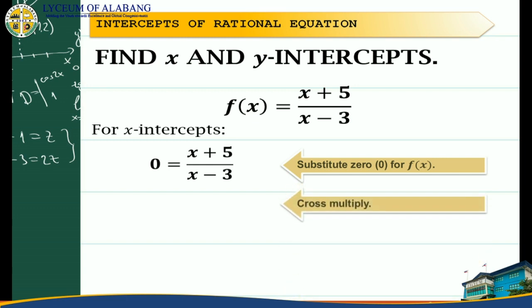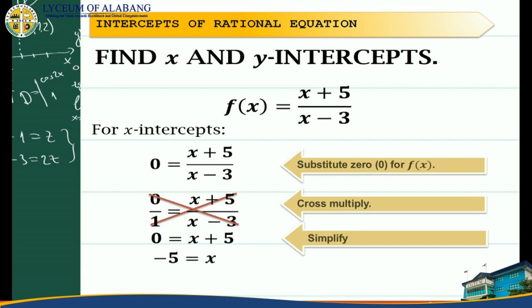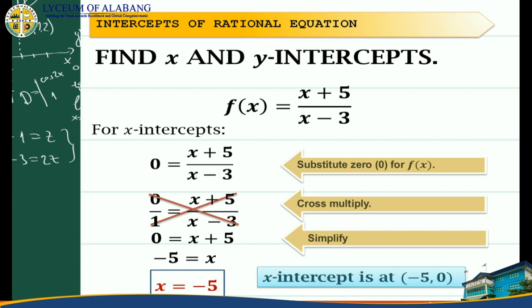Next, cross multiply. Then, simplify. We have 0 is equal to x plus 5. Negative 5 is equal to x. And x is equal to negative 5. So, the x-intercept is at negative 5 and 0.